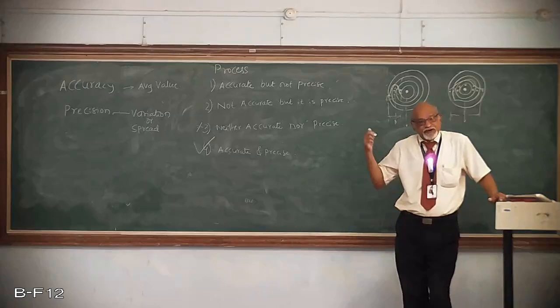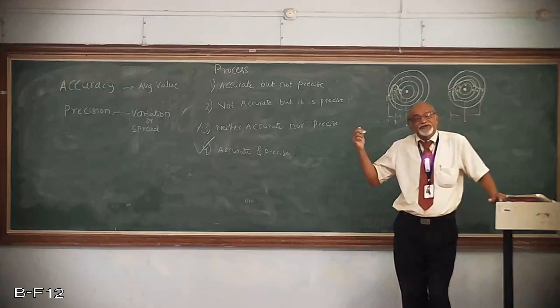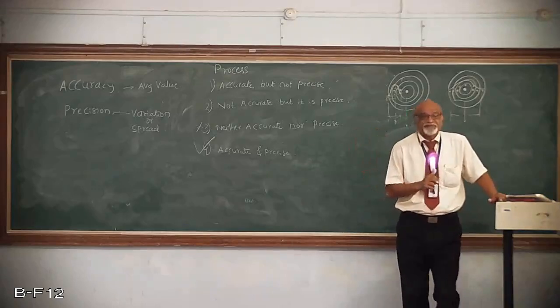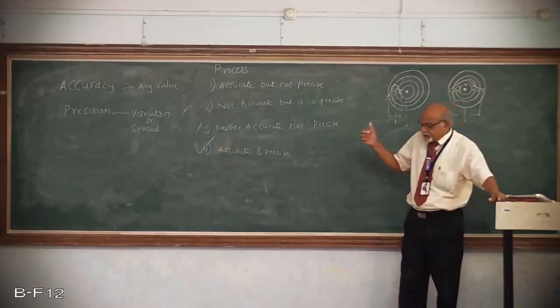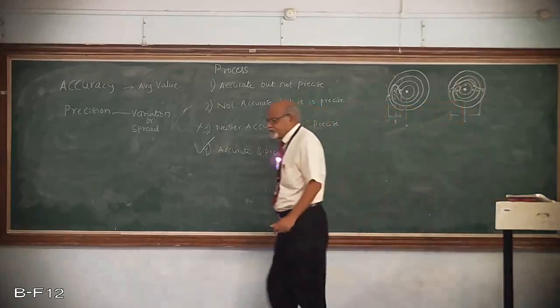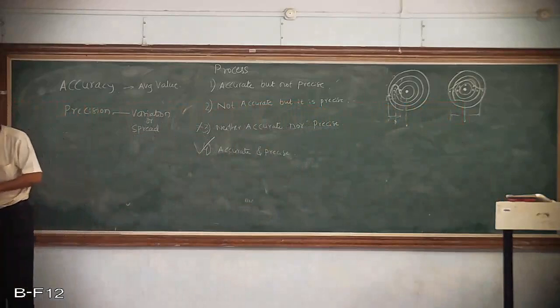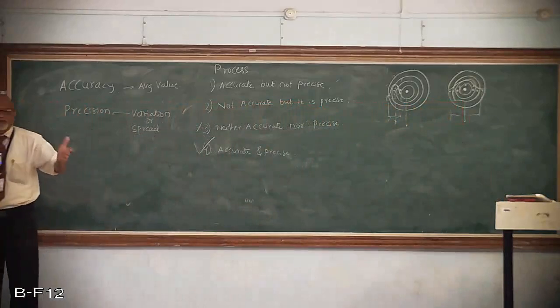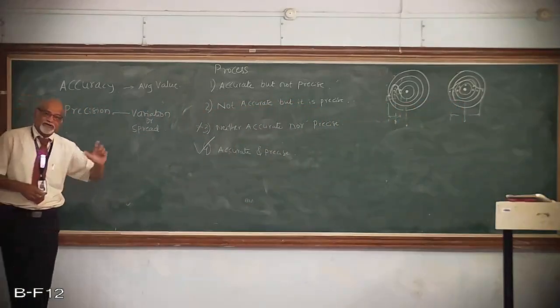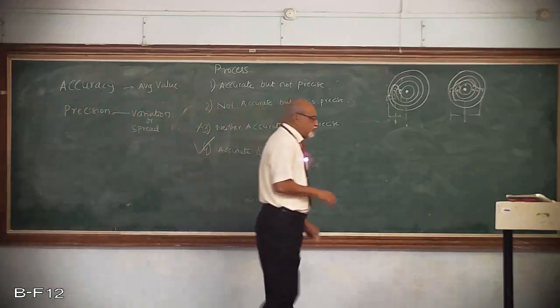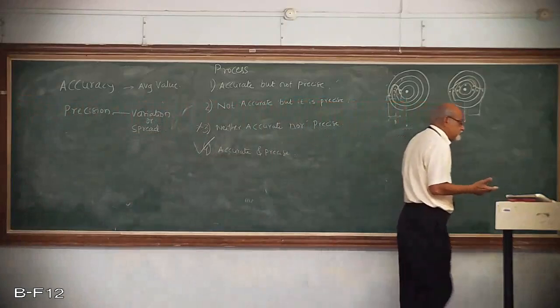So shifting the average value is very easy and changing the precision is difficult. In technical terms, changing precision means changing the person itself, or changing the machinery itself. Instead of using the old machine, now I will try to use the new machine.